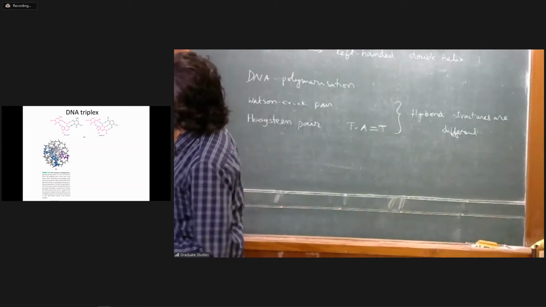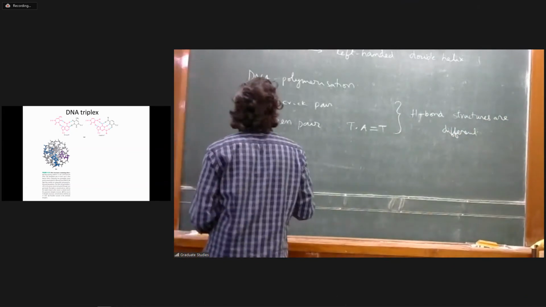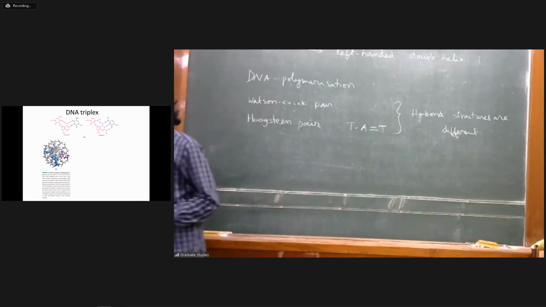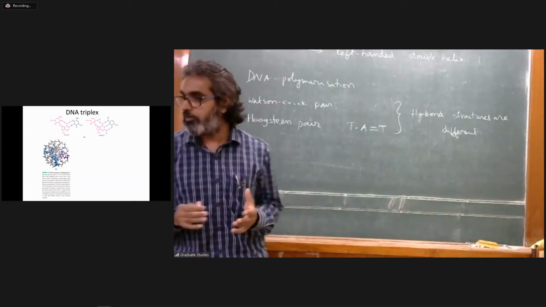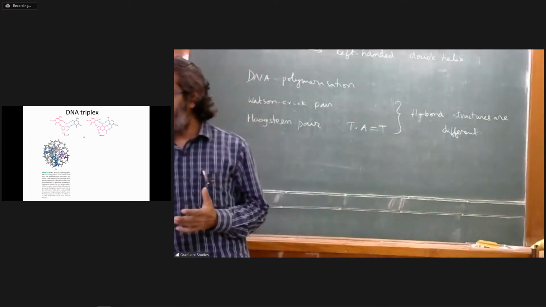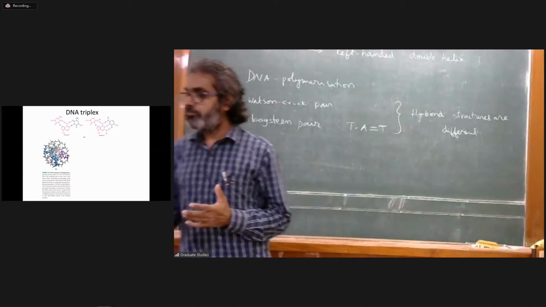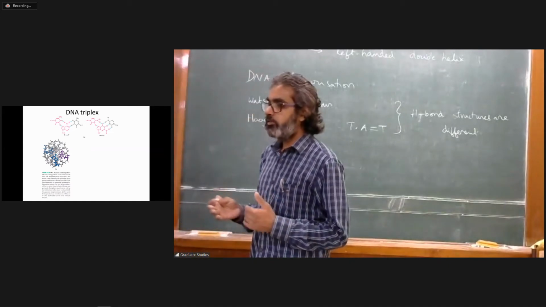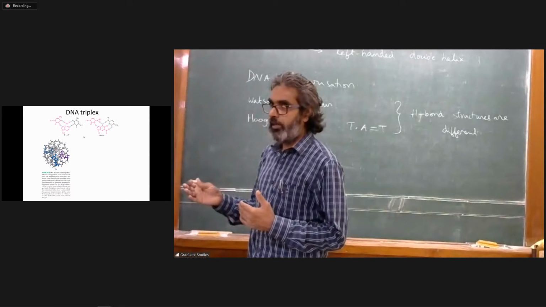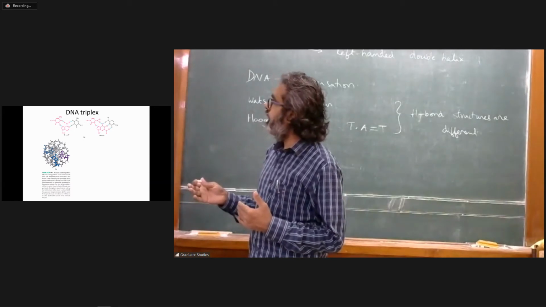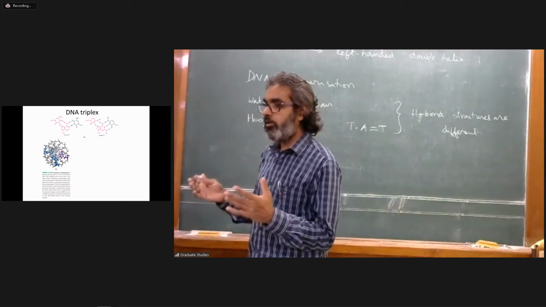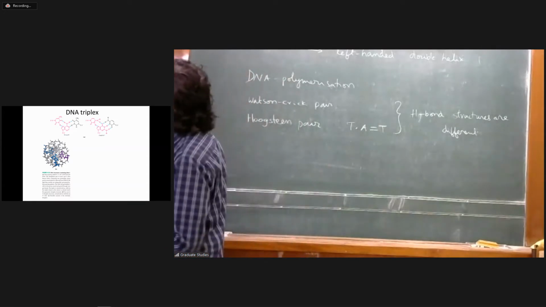Okay, so on the right side, another Hoogsteen pair. So GC is a normal Watson-Crick pair, shown again with guanine in pink and cytosine in black. So that's the normal Watson-Crick pair. Okay, in B-DNA, all three hydrogen bonds are perfectly linear, very strong.